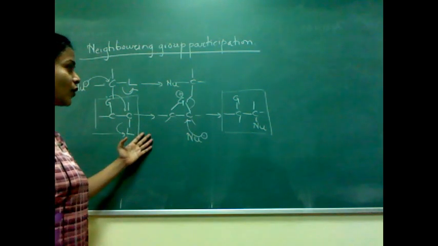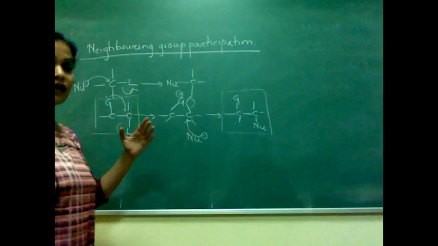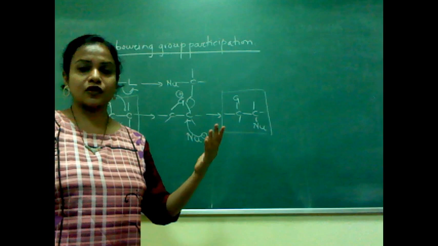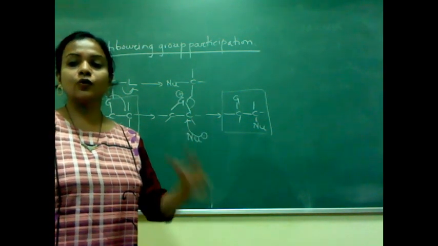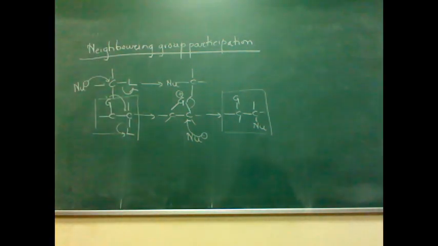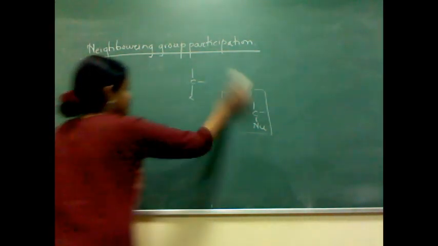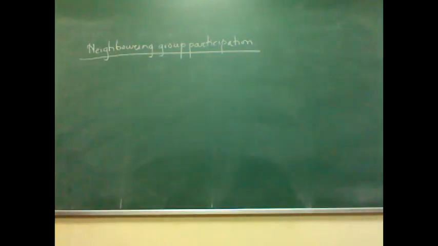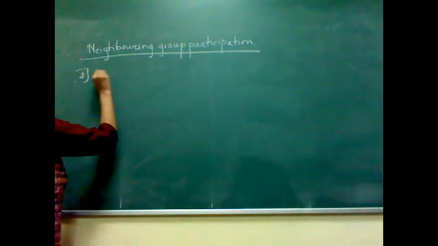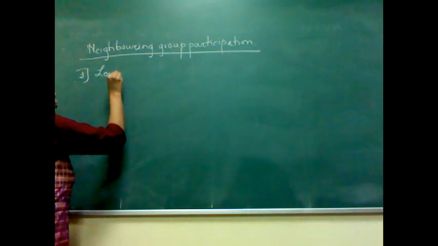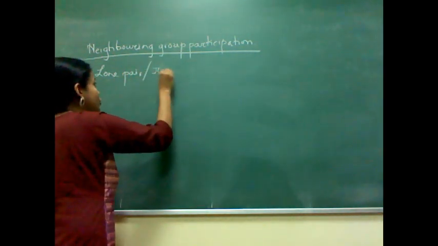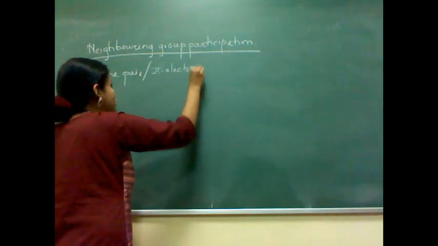Now what we need to understand further is what the various types of groups are which lead to neighboring group participation. They are categorized into three different types. Neighboring group participation could be due to lone pair of electrons, or due to the presence of pi electrons.